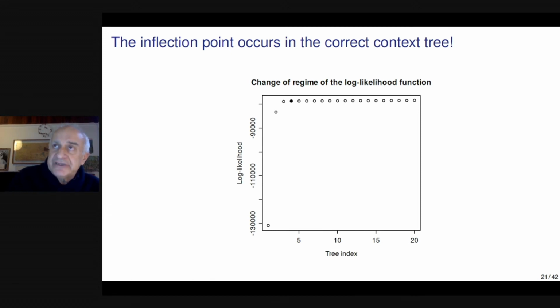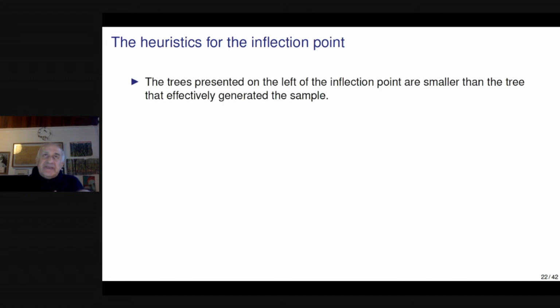The conjecture is that the tree which generates the sample will appear here at the inflection point. Let's see if we can give a heuristic reason for this. The trees presented on the left of the inflection point are smaller than the tree that effectively generates the sample.